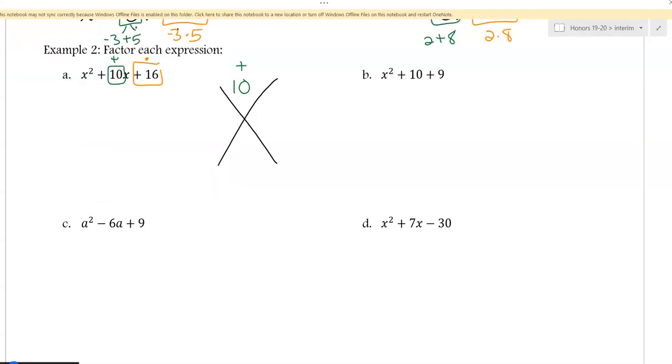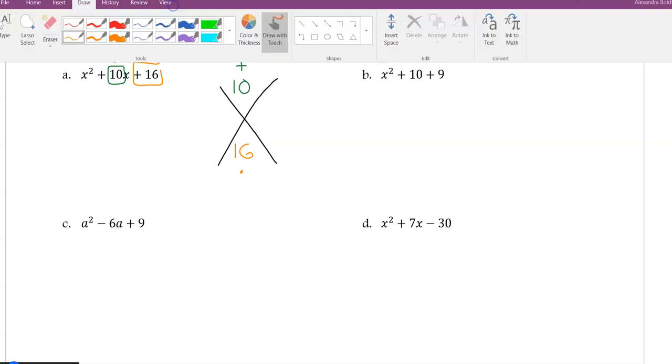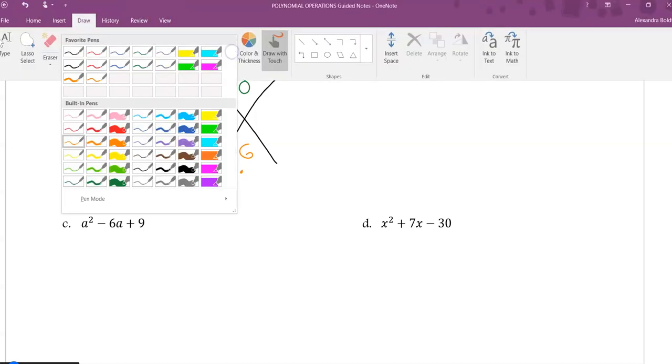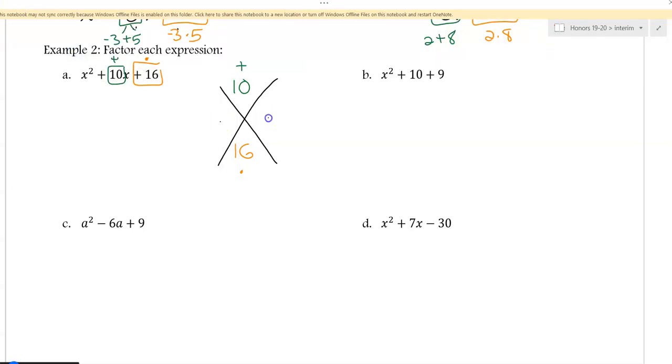Okay. And there we have factored it. We've taken it from the first expression and factored it into the two expressions that I multiplied together. Okay. This is a review from last year. So if you kind of remember this, that's good.